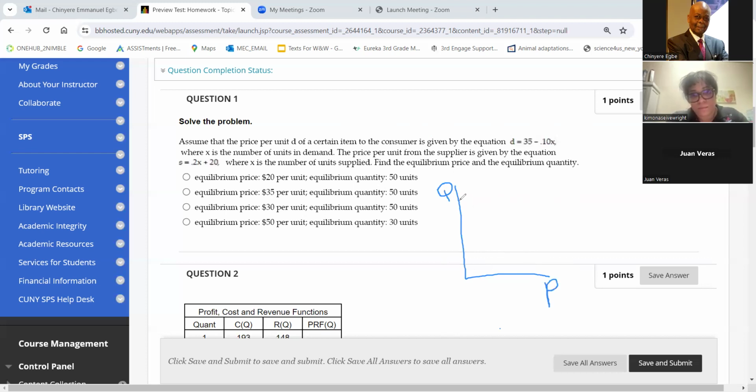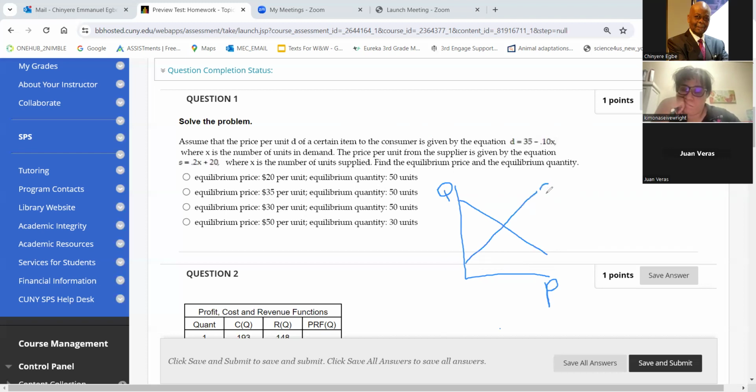For the buyers, it goes downwards because it's 35 minus 0.1x. So as x is going up, the price goes down, right? And for the sellers, it goes that way.